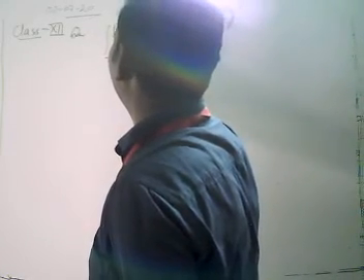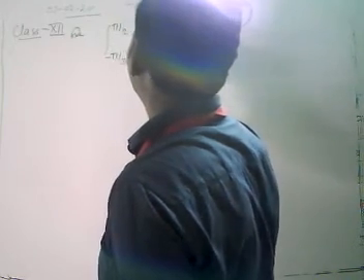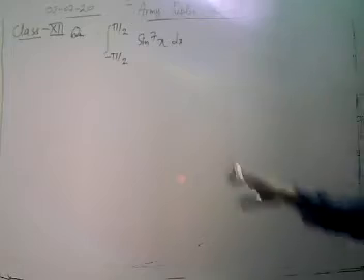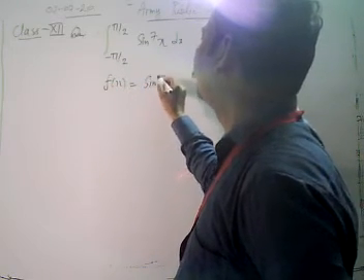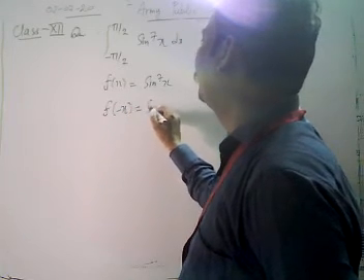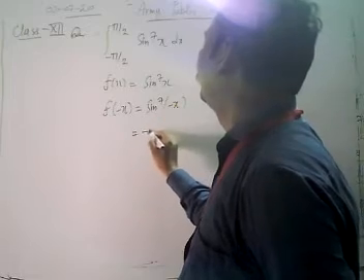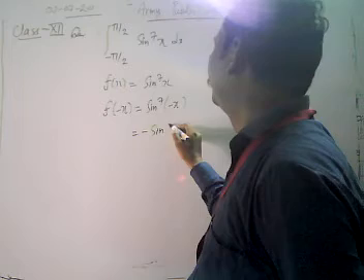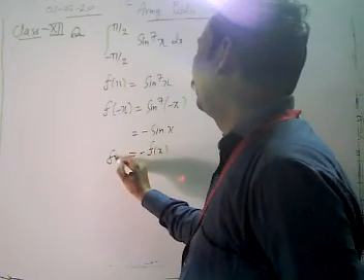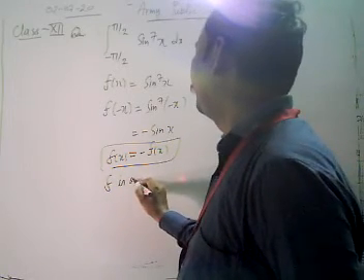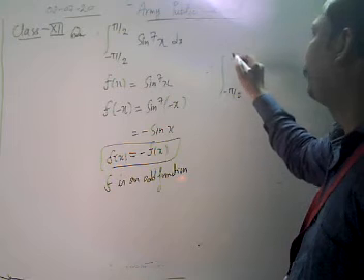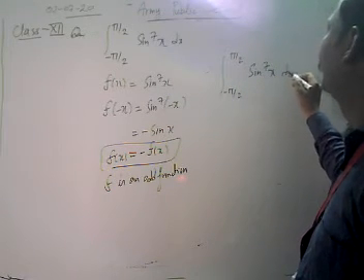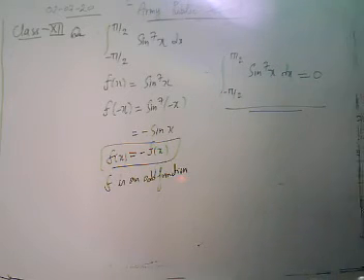It's again from minus pi by 2 to pi by 2 of sine to the power 7 x dx. Again it's just similar to the last problem. It's a minus a to a, so again we have to check whether it's an even or odd function. We take f(x) equal to sine to the power 7 x, and f of minus x is sine to the power 7 of minus x. Sine of minus theta is minus sine theta, and 7 is an odd number, so it's minus sine to the power 7 x, which means it's minus f(x). We show that our function f is an odd function, therefore the integration from minus pi by 2 to pi by 2 of sine to the power 7 x dx has the value 0.